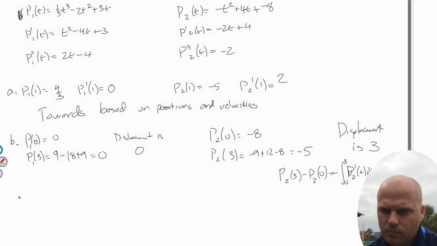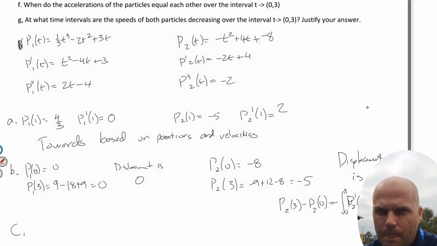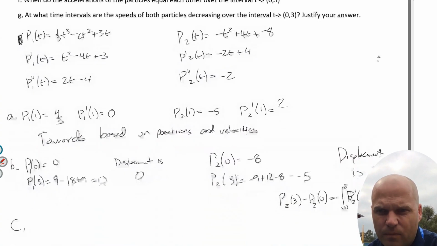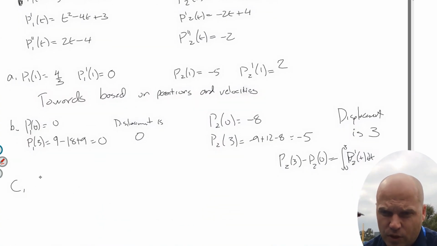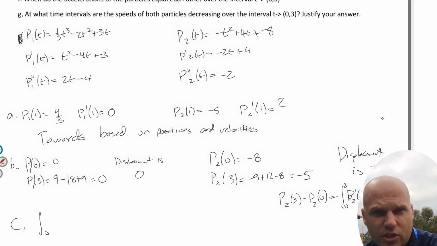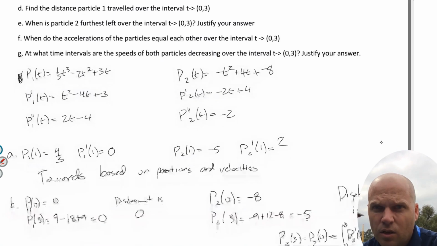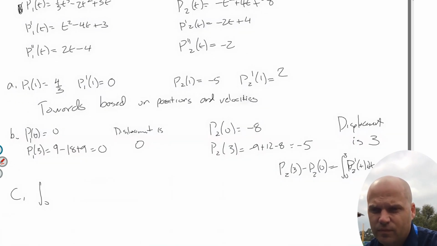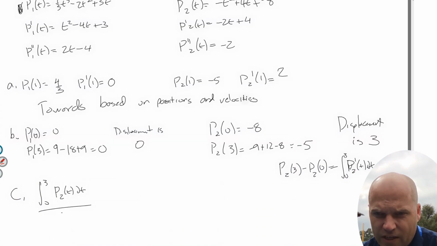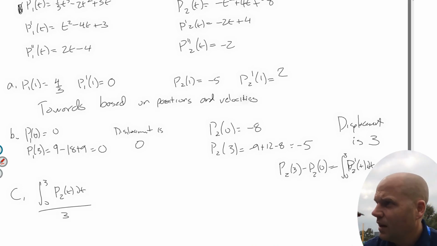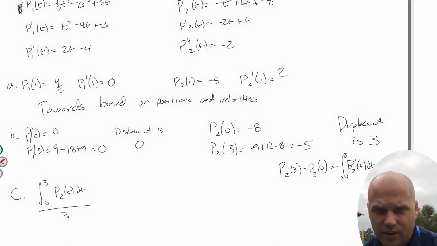Part C. Average position of particle 2. I would like to accumulate my position from 0 to 3 of particle 2 and divide it by my interval of 3 seconds. However, I don't have a calculator.